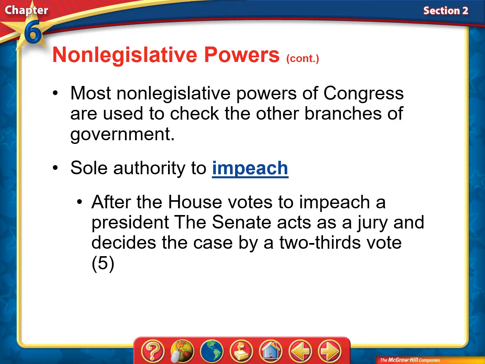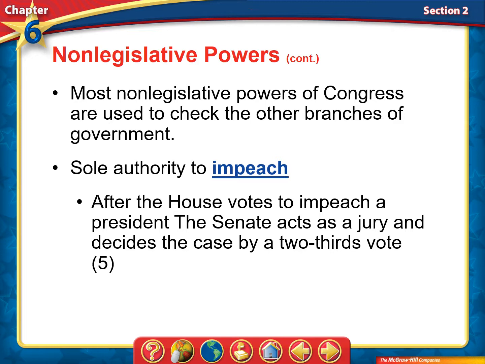There's a House Judiciary Committee overseeing the investigation, so when he publishes his report, he will report to that committee of Congress, and they will ultimately decide whether or not this should lead to impeachment proceedings.